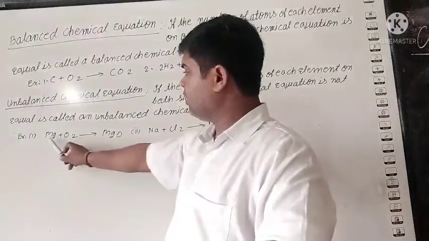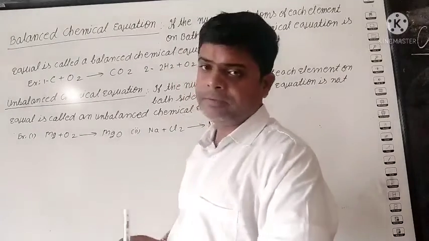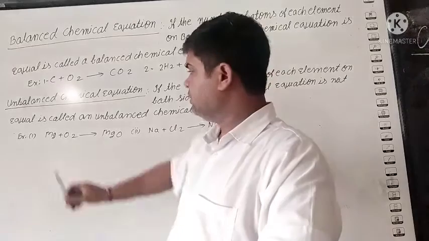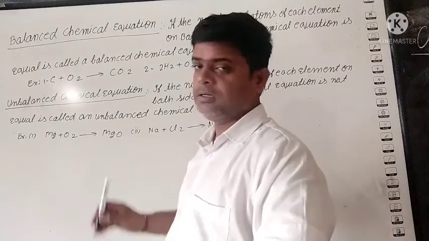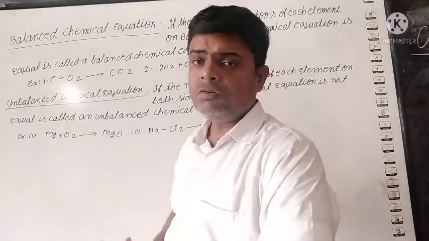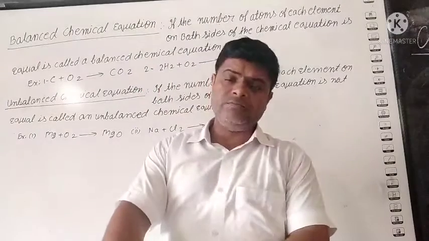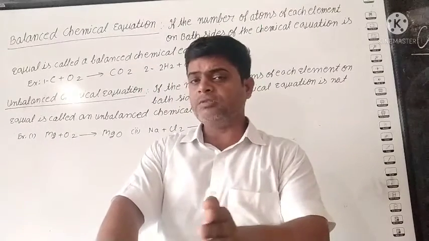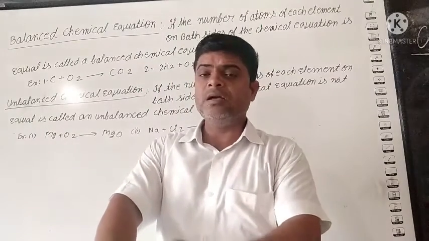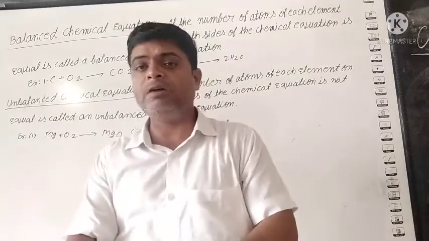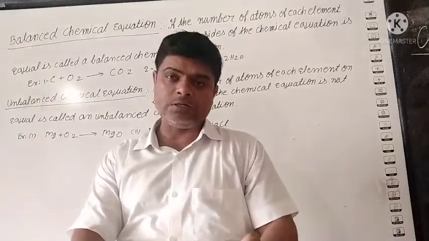So one magnesium is the same, but the reactant side has two oxygen and the product side has one oxygen. It's not the same. So this is the unbalanced chemical equation, because the number of atoms on the reactant side is not equal to the number of atoms on the product side.